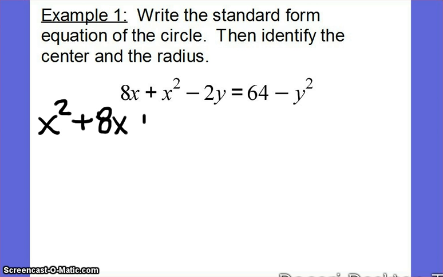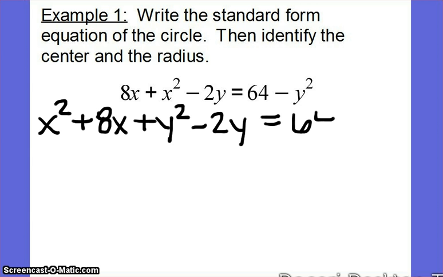I'm going to bring the y squared over, put the 2y near the y squared, so that the only thing I have on the right hand side is the 64. Now, we need to complete the square. We just have to complete the square with the x variables and with the y variables.